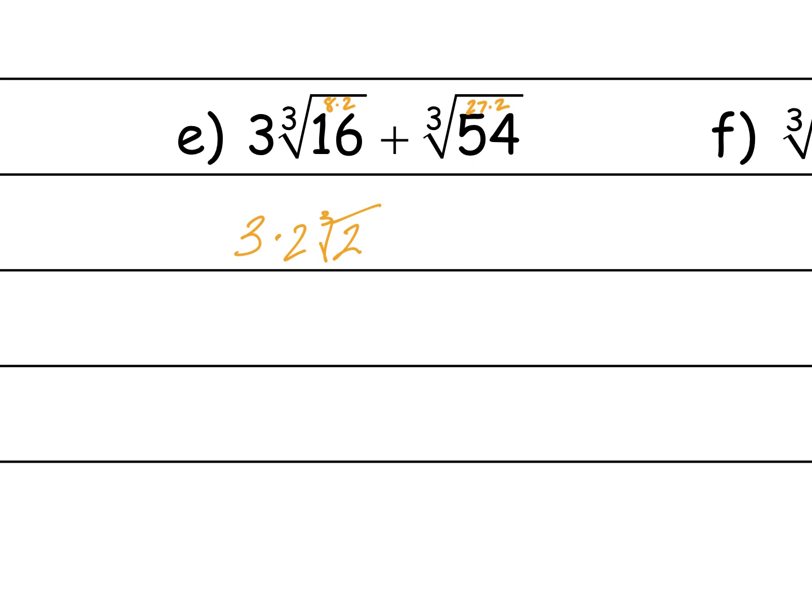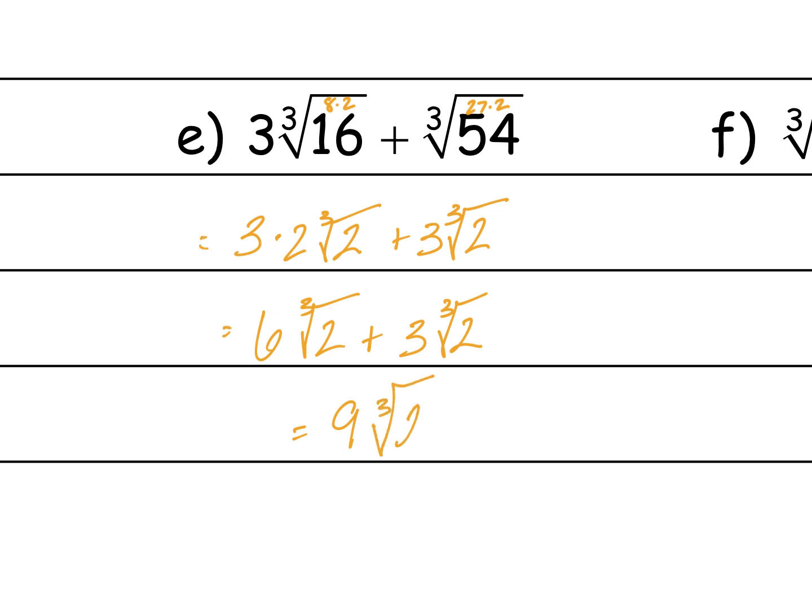Yeah, that's right. So that's plus 3 cubed root of 2. So that should be 6 cubed root of 2 plus 3 cubed root of 2 should be 9 cubed root of 2.